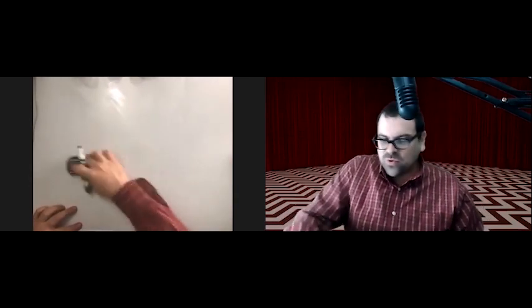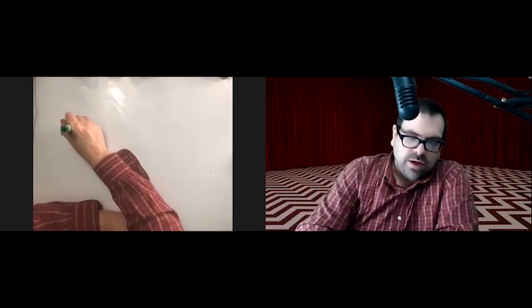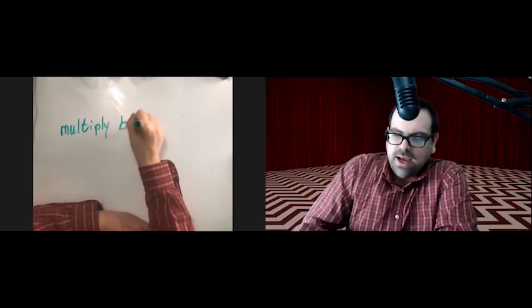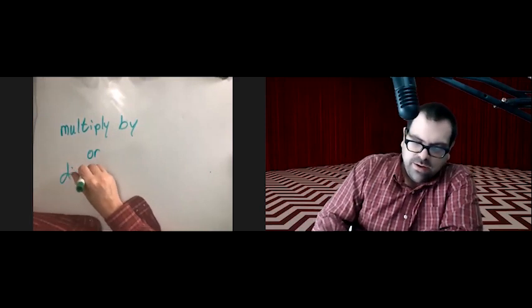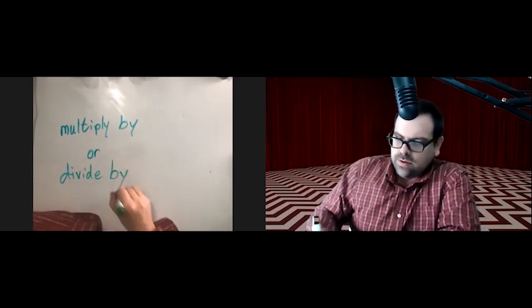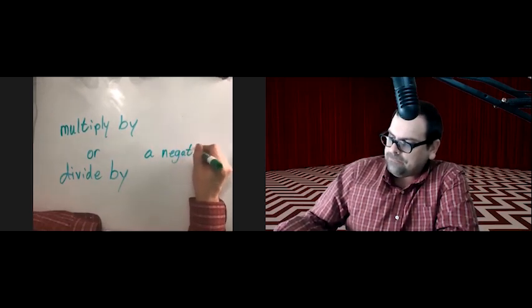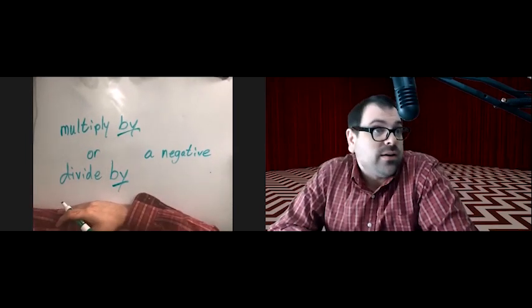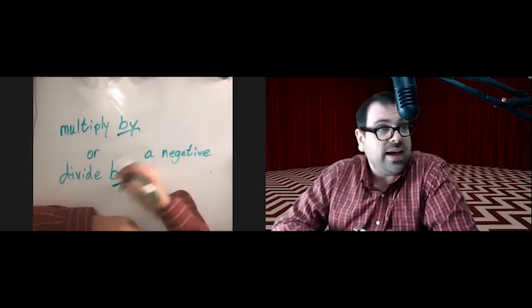So what's the special rule? What are the ones that we can't solve like that? The rule comes into effect when you multiply by or divide by a negative. The word by is very important here. It doesn't mean any multiplication or division involving a negative.